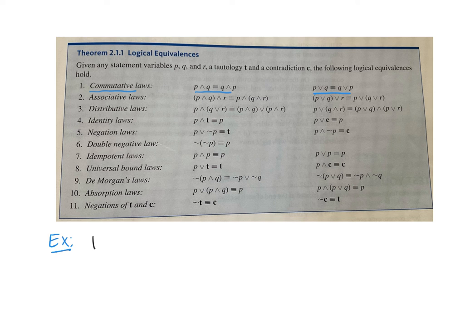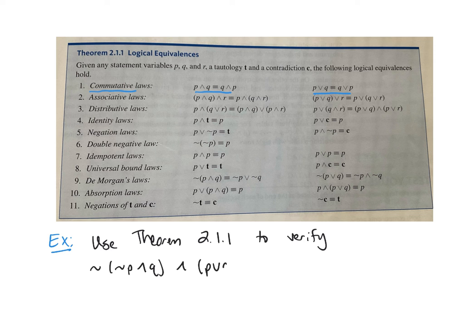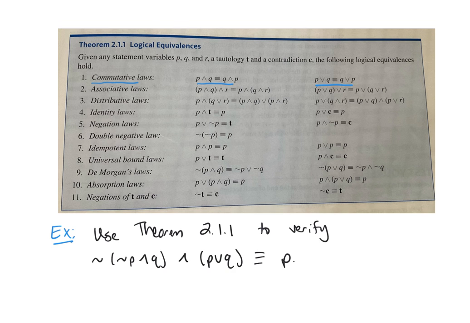So let's say we want to use theorem 2.1.1 to verify that not (P and Q) and (P or Q) is logically equivalent to P. So to do this, what you're going to do is work with one side of the logical equivalence.